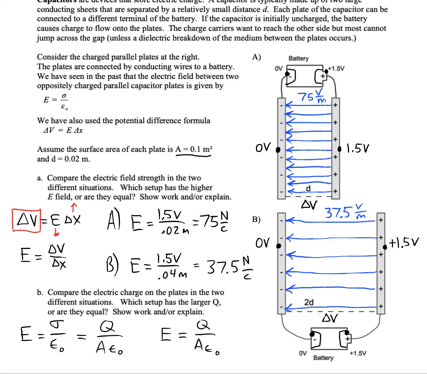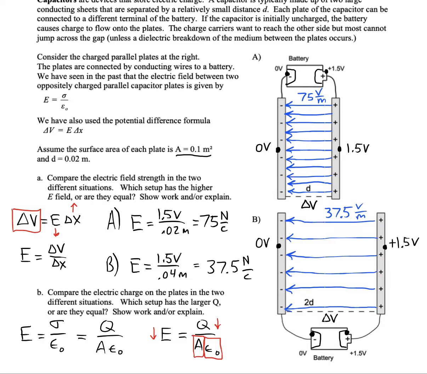It's 0.1 meters squared for both. So this remains constant. The epsilon naught remains constant because that's just the permittivity of free space. So with this in mind, when our electric field goes down, what happens to the charge on the plates? It goes down as well.